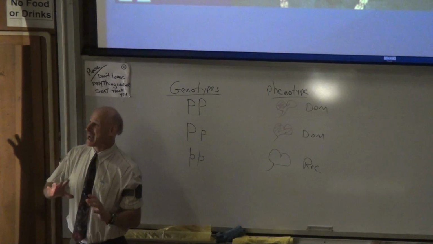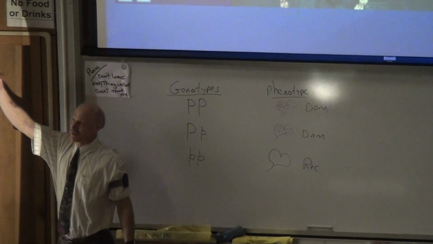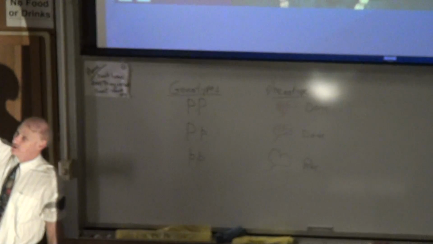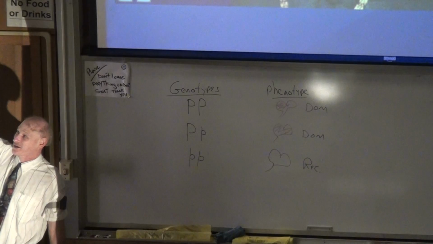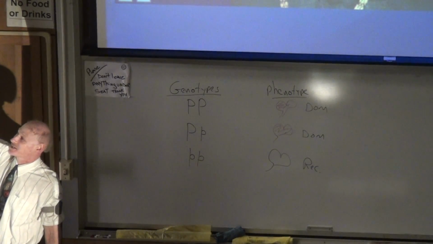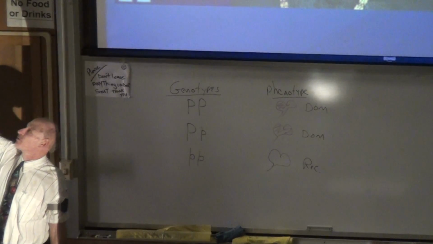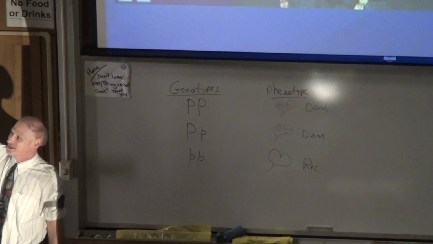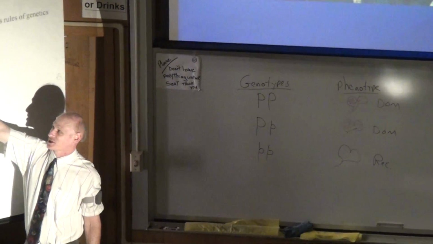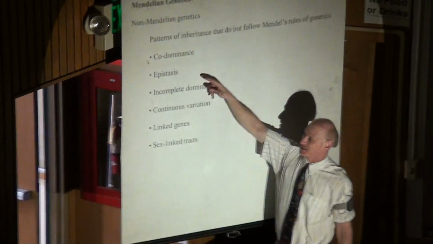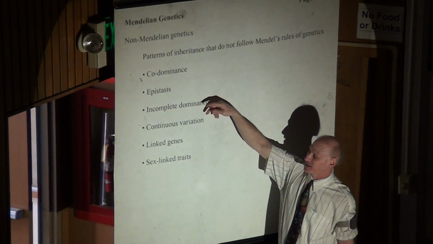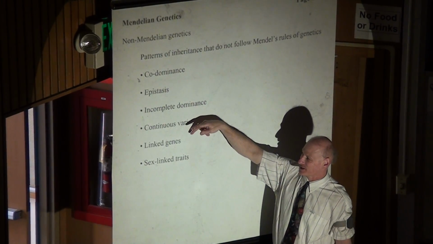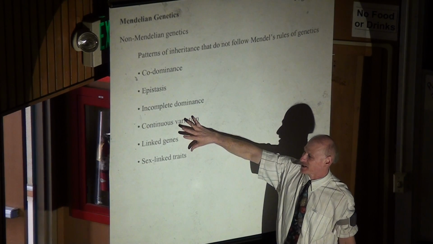Some genes don't exactly follow his rules, and we call those genes and the patterns that they follow non-Mendelian genetics, patterns of inheritance that don't follow Mendel's rules. There are several types of non-Mendelian genetics: codominance, epistasis, incomplete dominance, continuous variation, linked genes, and sex-linked traits.